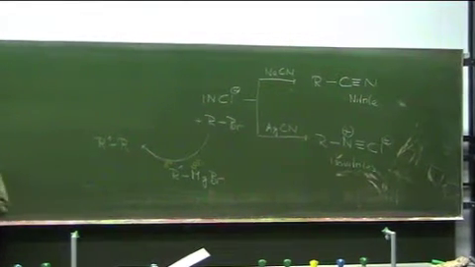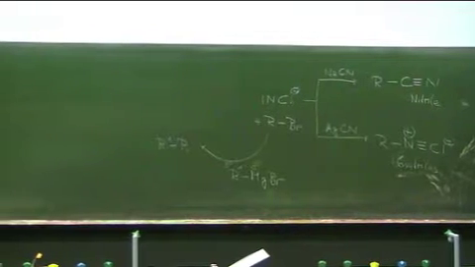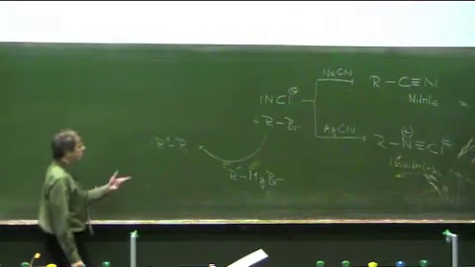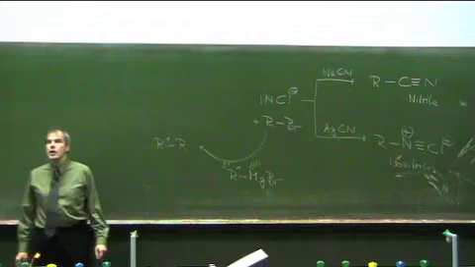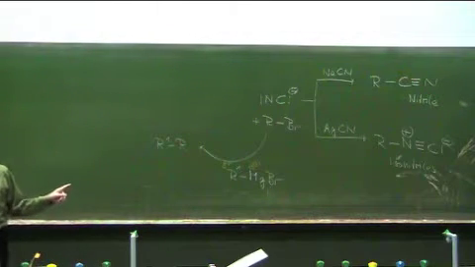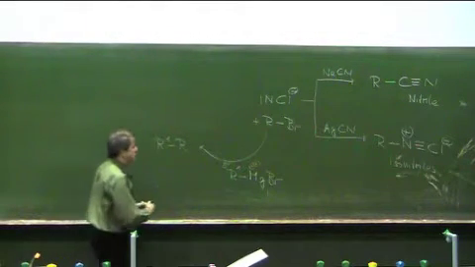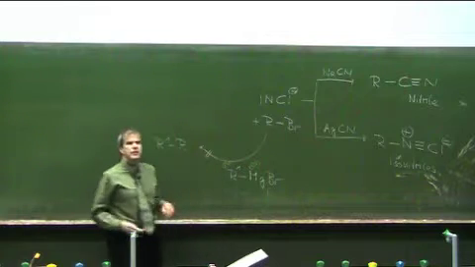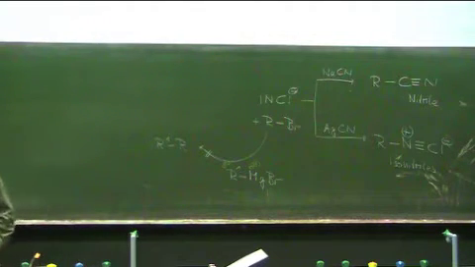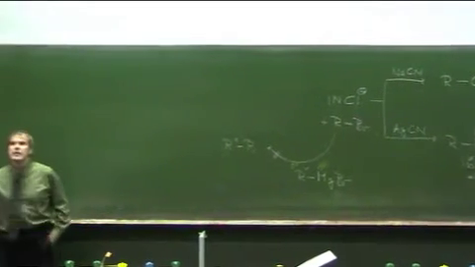So there could be a nucleophilic substitution along these lines. You know that this reaction normally does not happen. Why do you know this? You must know this. Everyone knows this.